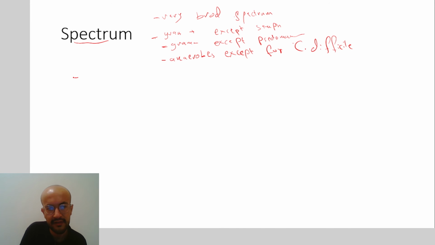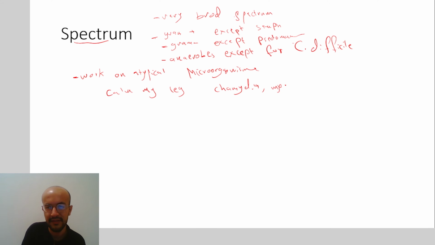They also work on the atypical microorganisms, including the organisms collected in the mnemonic CALM-MY-LEG. CALM is for chlamydia, MY is for mycoplasma, LEG for legionella.